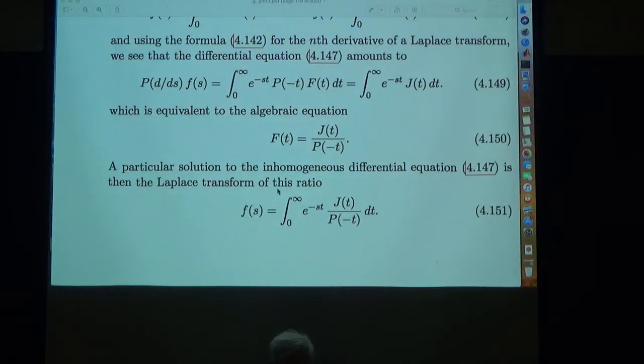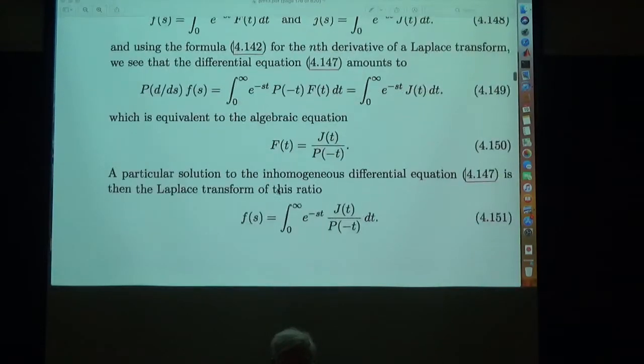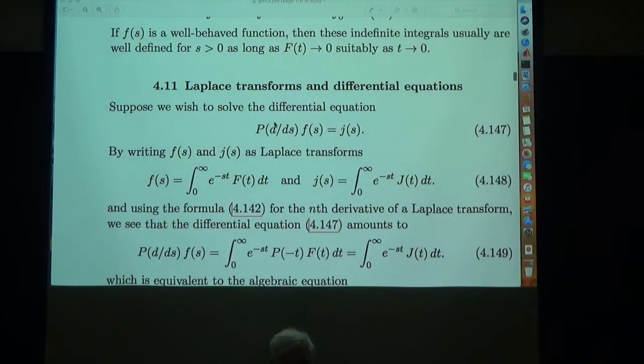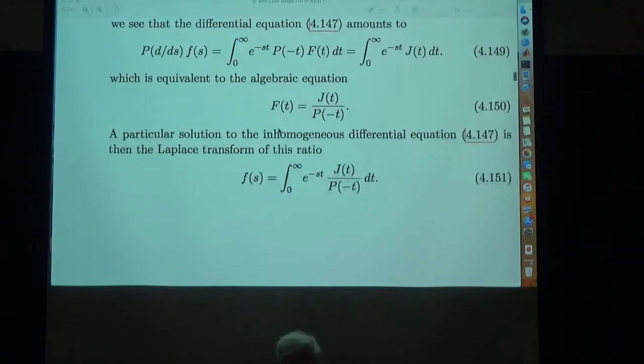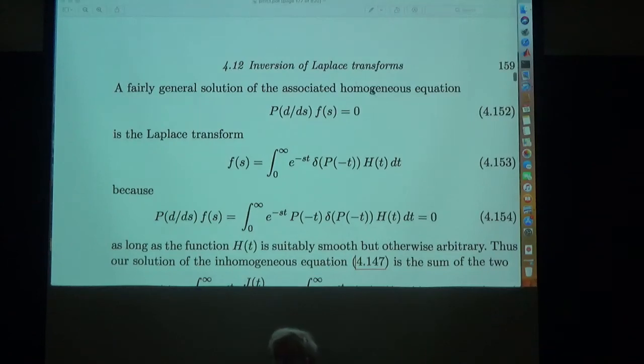Now that's a particular solution. There are also homogeneous solutions. That is to say, the general solution of P of d by ds on f equals j is the inhomogeneous solution that we just found, plus any solution that P maps to 0, because you can always add that in. And so we're looking then for a general solution of the homogeneous differential equation.